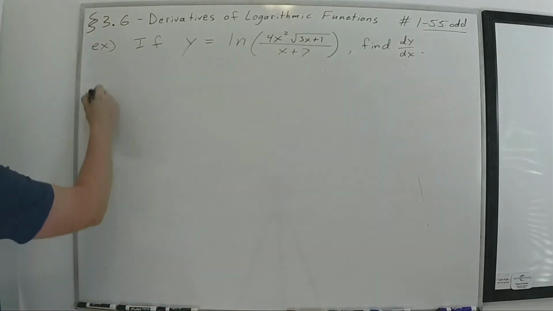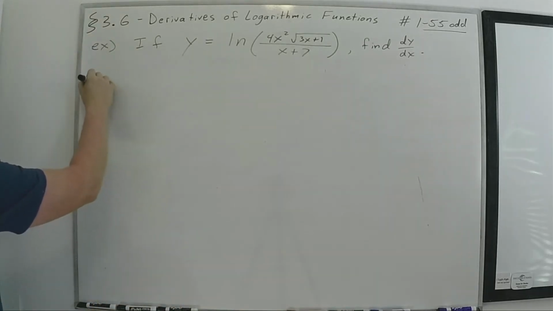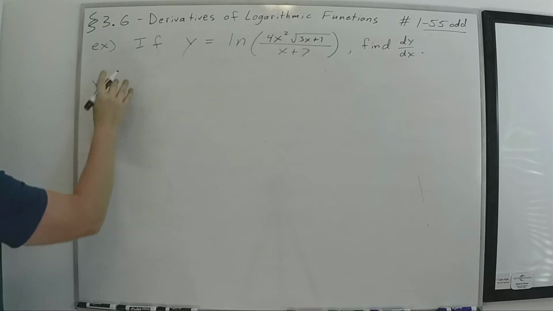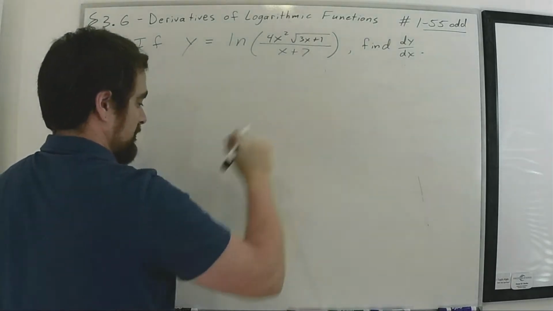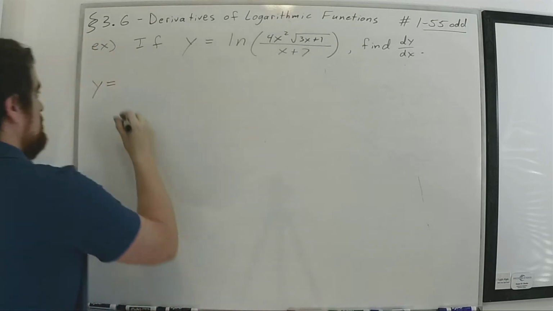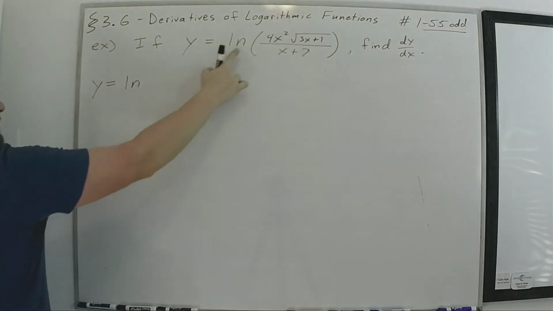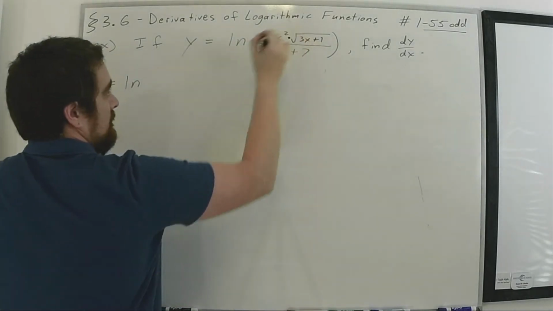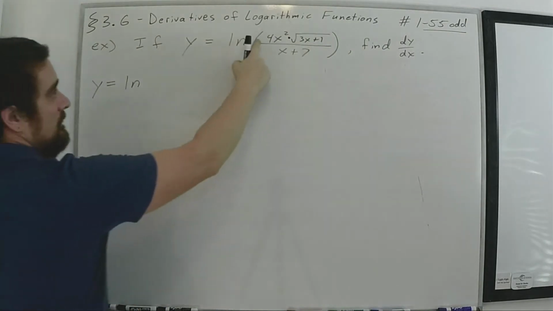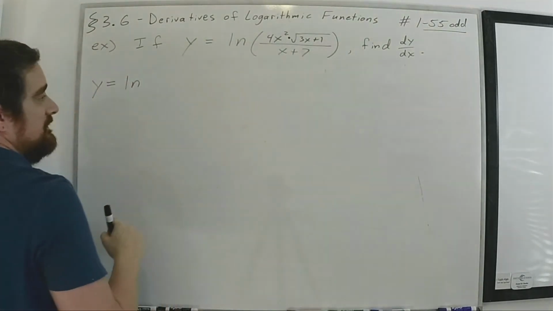So here's one of those situations where you're probably thinking, you know what, I'm going to go ahead and rewrite this first. I'll do a little bit of work up front so that the derivative is easier to find. So I've got multiplication of two things up top and then division of x plus 7 underneath.